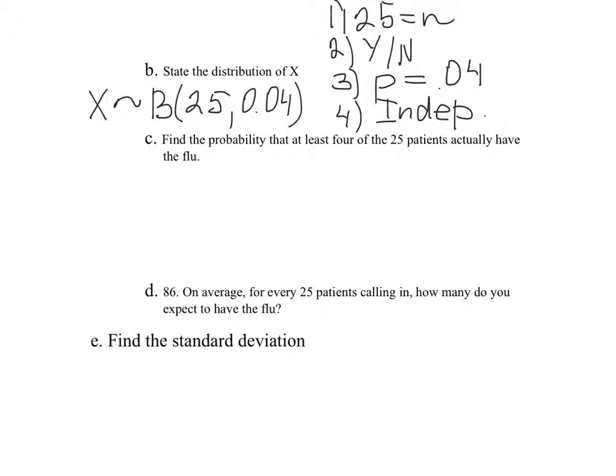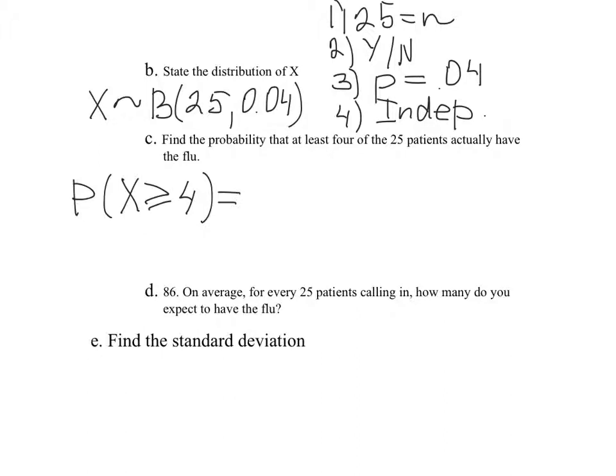Alright, now let's find the probability that at least 4 of the 25 patients actually have the flu. Okay, so I need to do it in a way that at least 4. So this is the probability of x greater than or equal to 4.